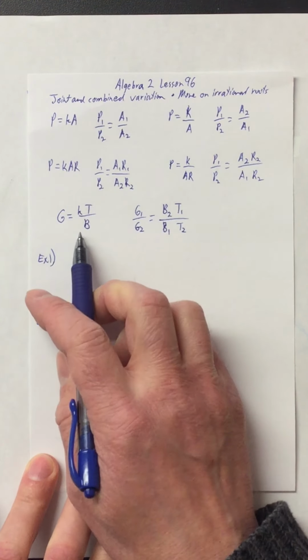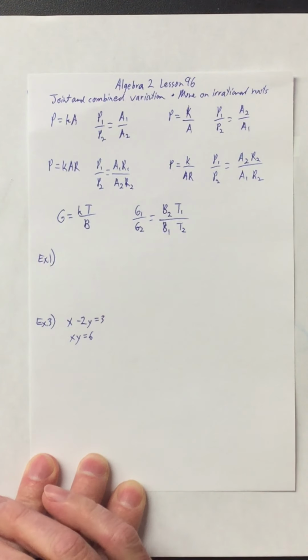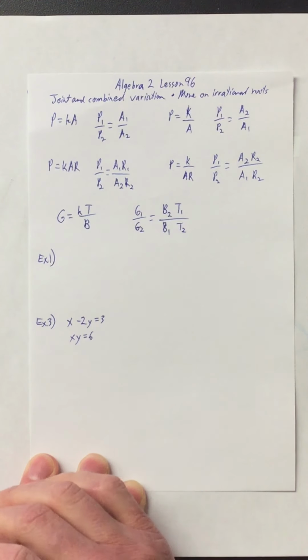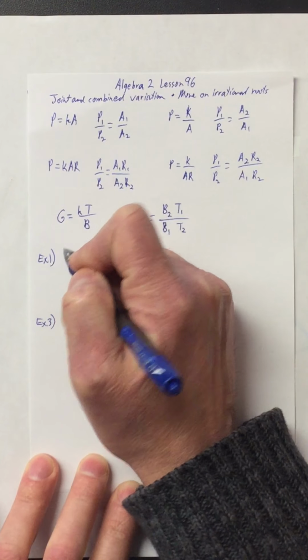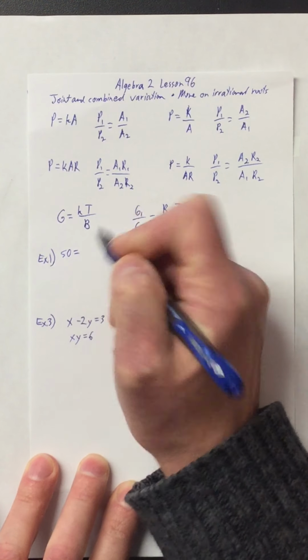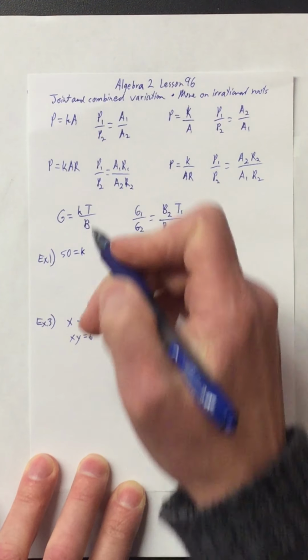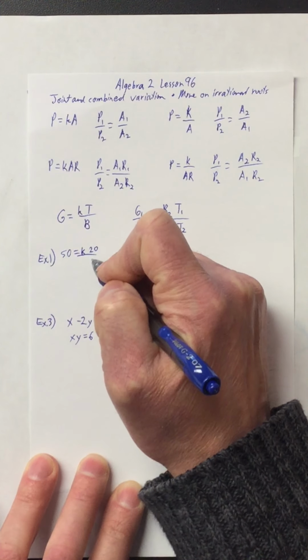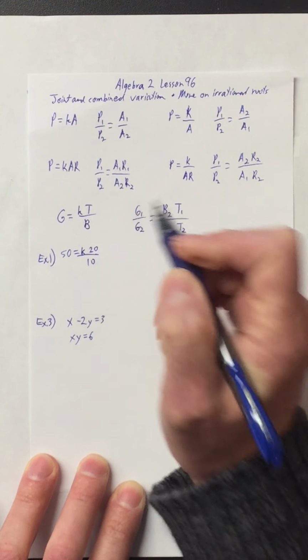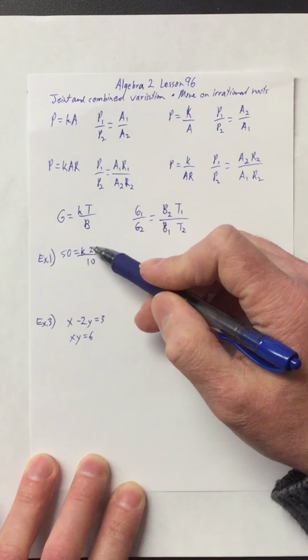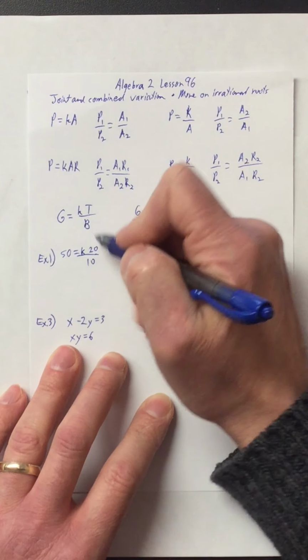Okay, so I'm going to use this first equation and solve it both ways like they do in the book there. So they say that there's 50 girls, and put our constant in there, and then it means there's 20 teachers and 10 boys. Okay, so I need to solve this to get my constant in this first way here.